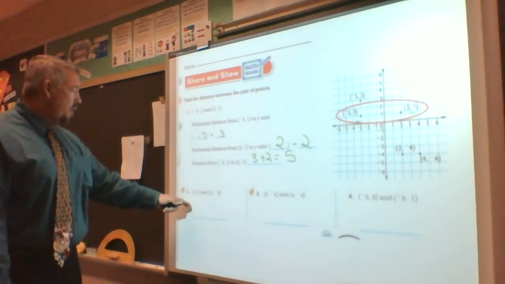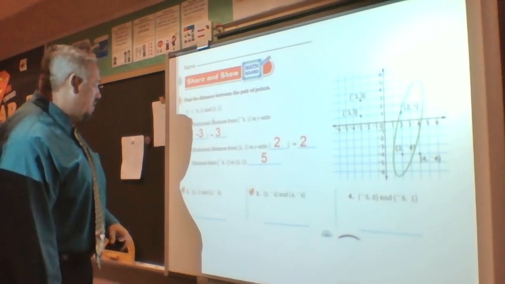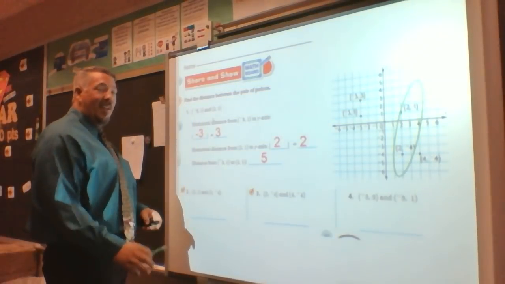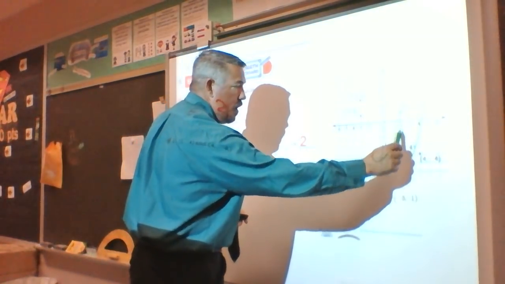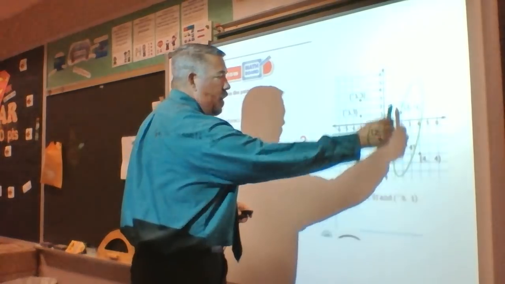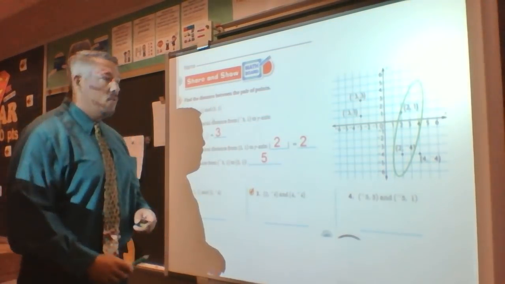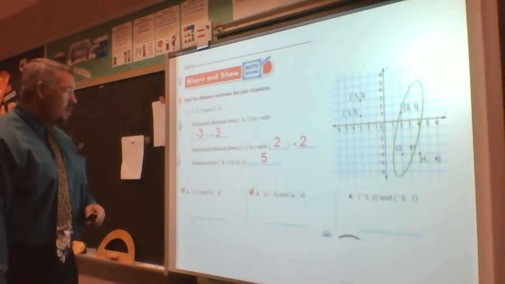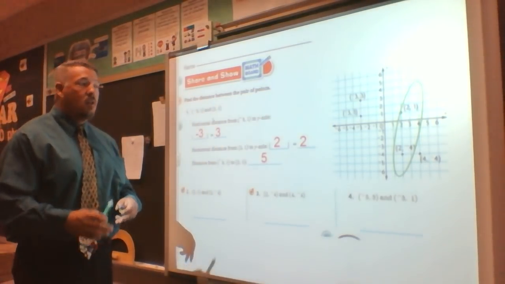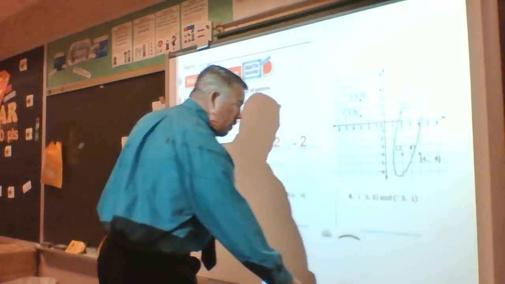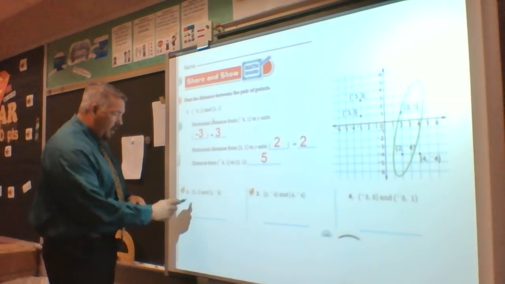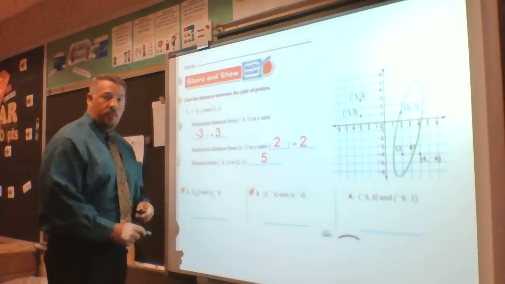So on number 2 then, I'm going to be dealing with +2, +1, and a +2, -4. Straight line again vertically. Notice that they are going to cross the x-axis, so they are going to be on opposite sides, so I know that I'm going to have to add. So my x's stay the same.